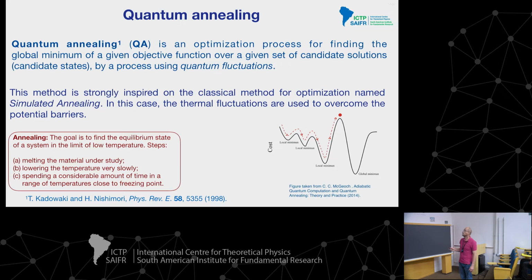And if you have enough fluctuations, we will be able to arrive here, right? This is the inspiration for quantum annealing. Observe that the first paper was 2 years before quantum computing, right? So the motivation is different. But today, it's quite common that people say that these are the same thing. I will show why.